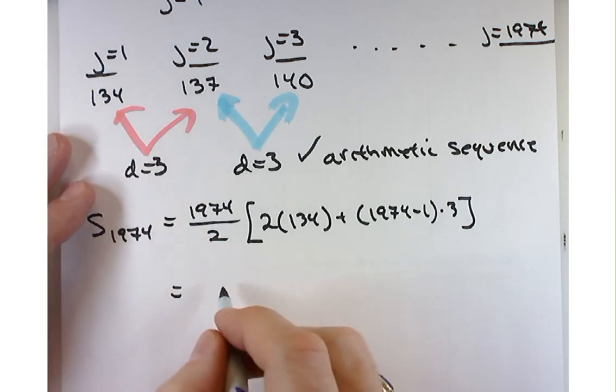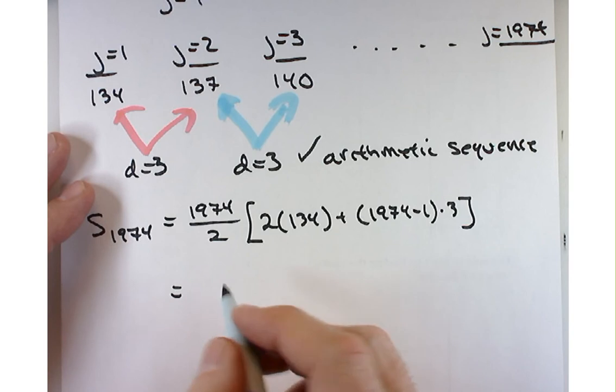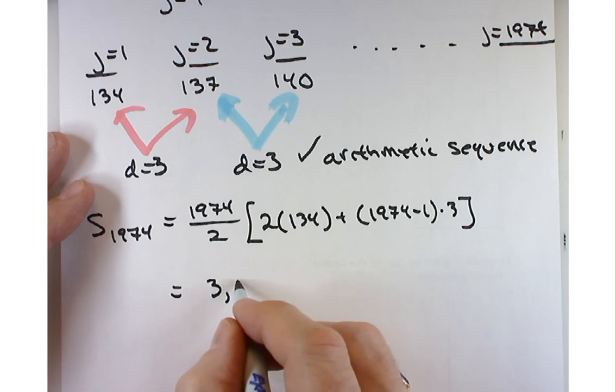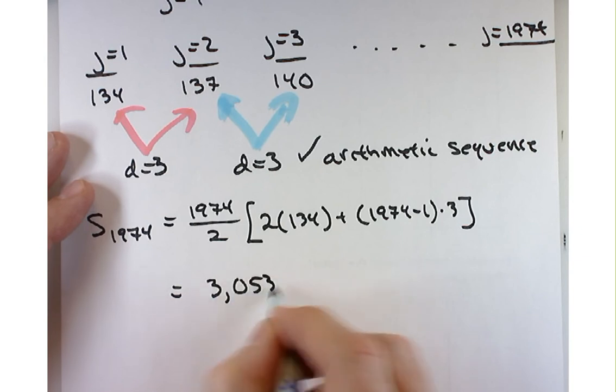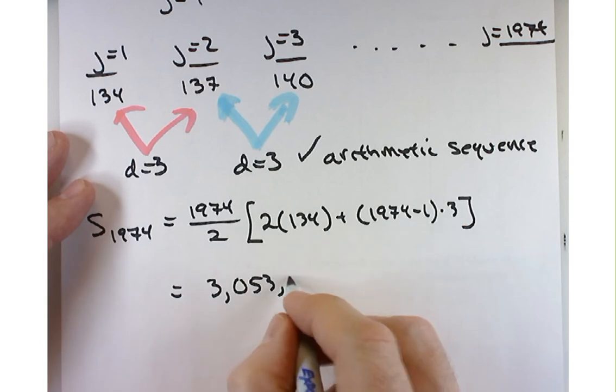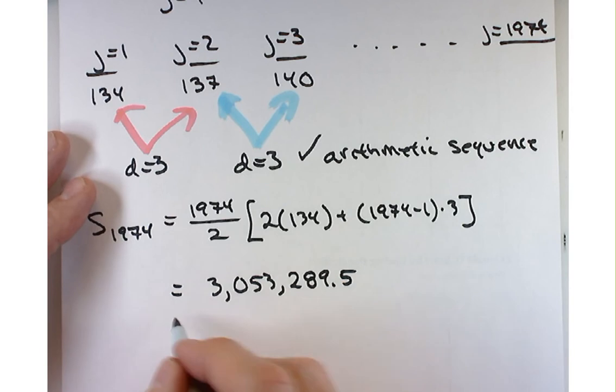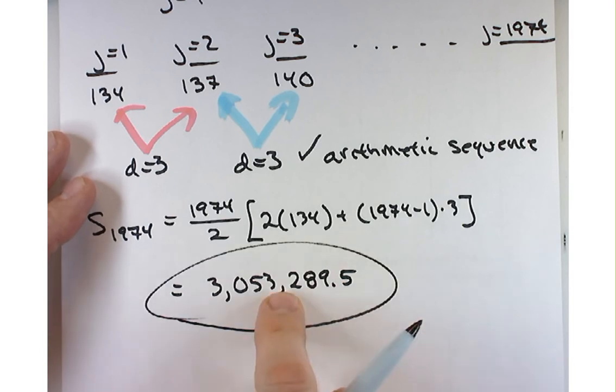let me tell you a number that you can't get. I had somebody give me a number that was somewhere around 3053,289.5. Why can't it be that number?